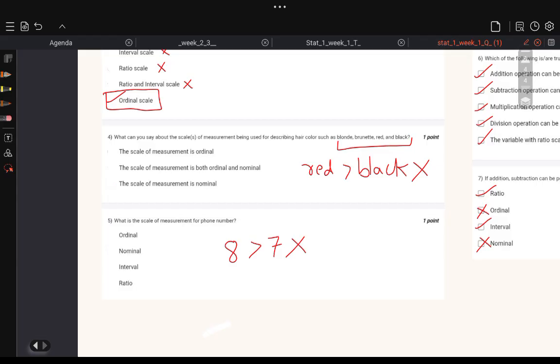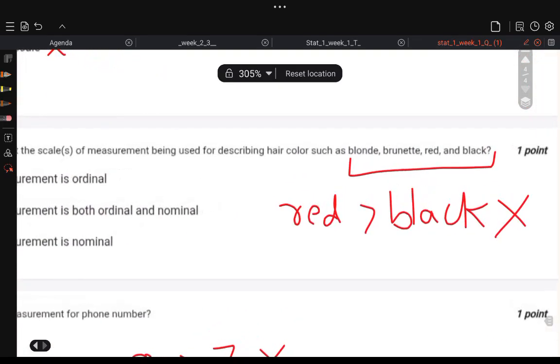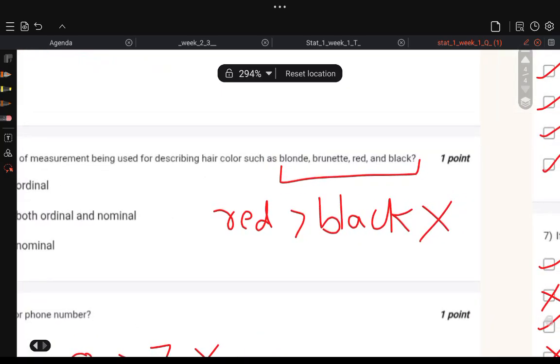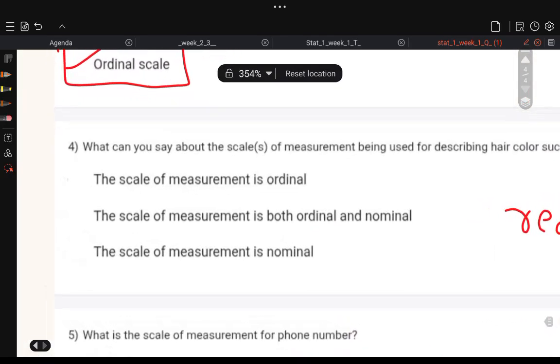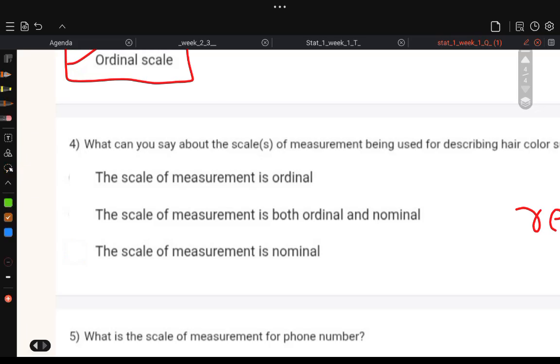What can you say about the scale of measurement used to describe hair color? Blonde, brunette, red, or black. See, red is not greater than black or anything else. So there is no order, or we cannot perform any operation on them. As it has no order, the scale must be nominal only. The answer should be nominal.